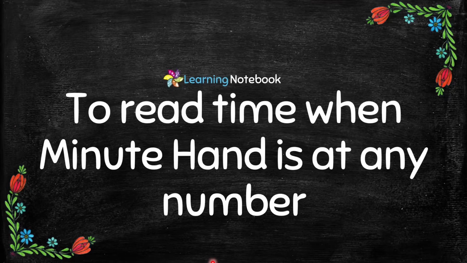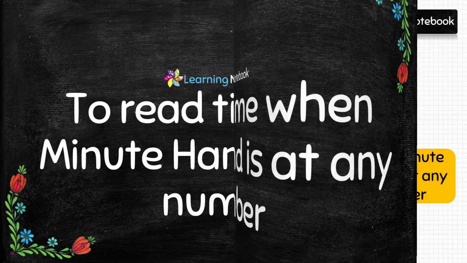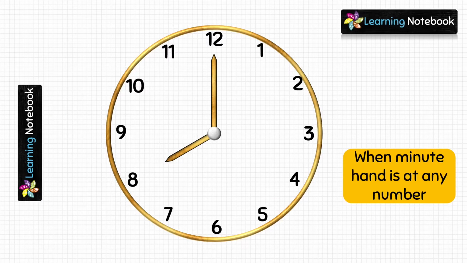Now let's learn how to read time when minute hand is at any number. So now we will read the time when minute hand is at any number. Right now, minute hand is at 12. And we learned it moves to next number in 5 minutes.